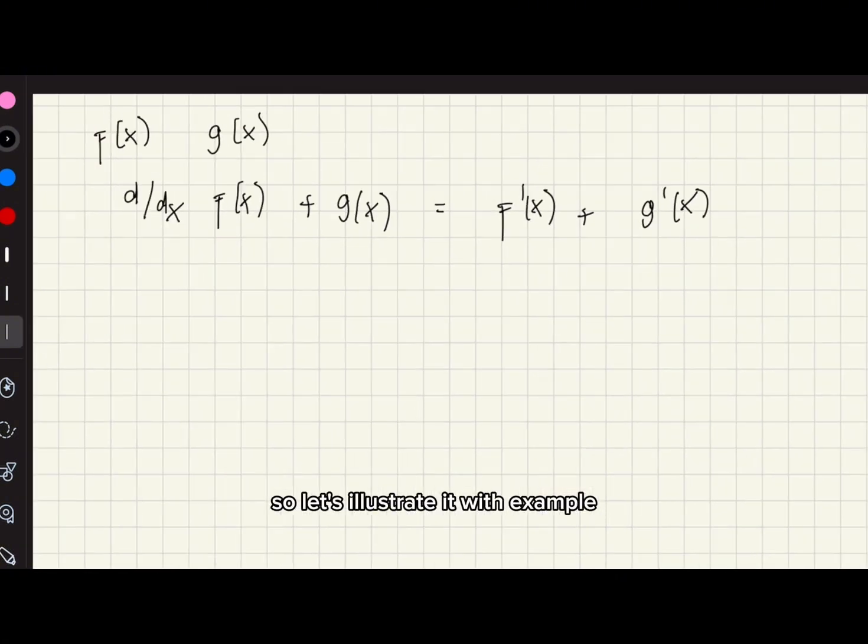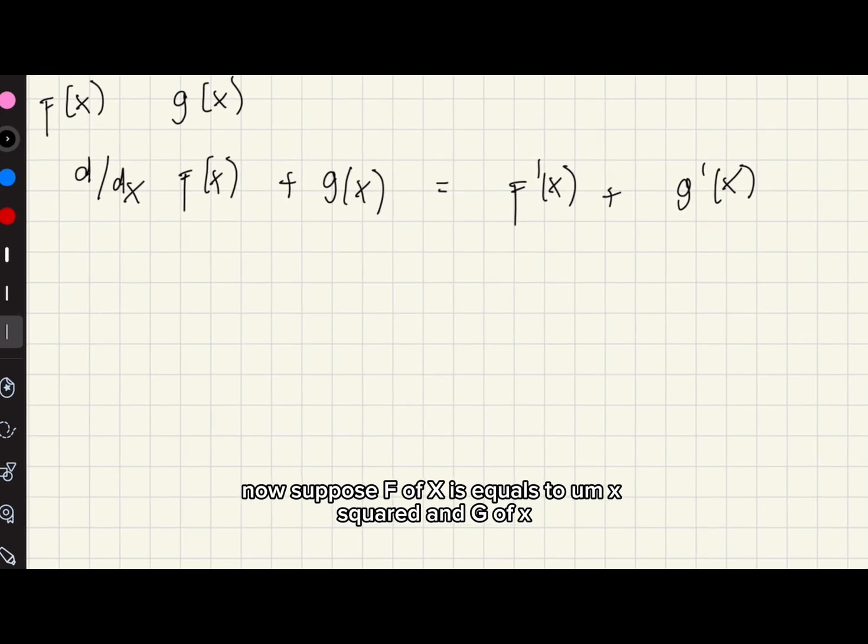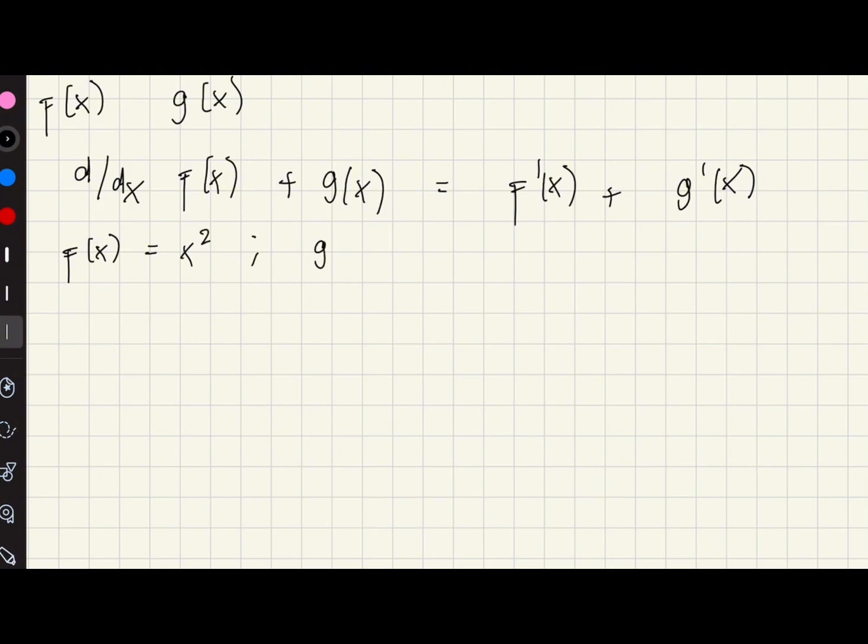So let's illustrate it with an example now. Suppose f of x is equal to x squared and g of x is equal to 3x. So let's get the derivative of f of x.